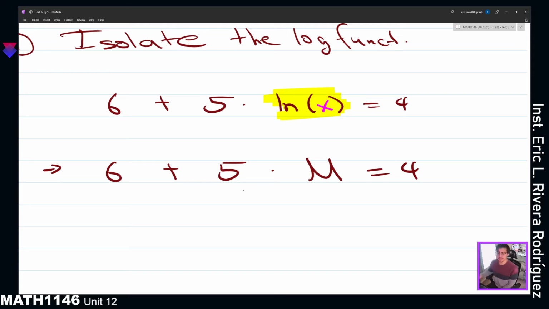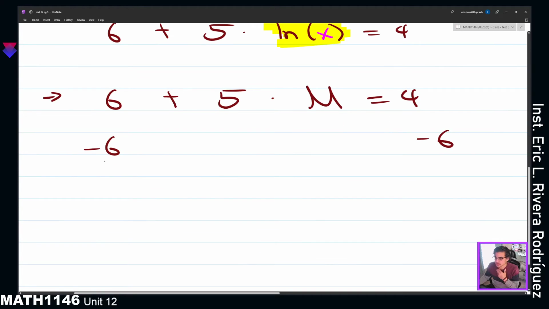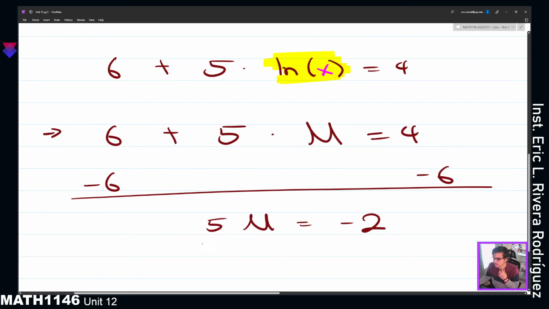Subtract 6 on both sides of the equation. And then divide by 5. Then you can see that m is just negative 2 over 5. Okay?